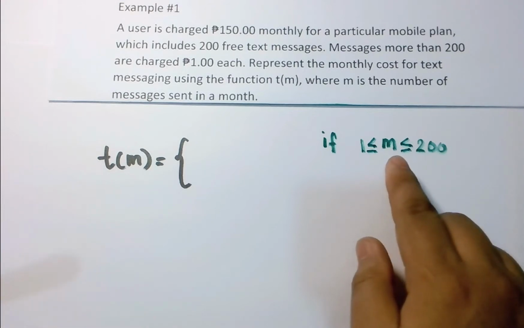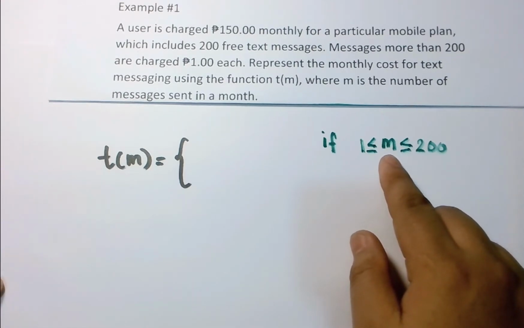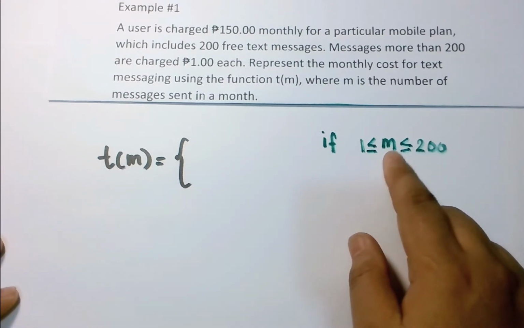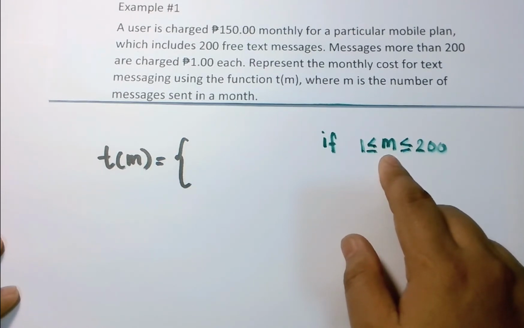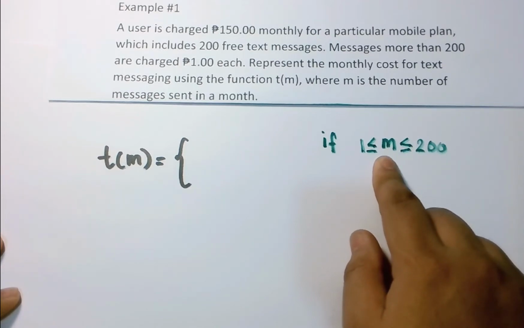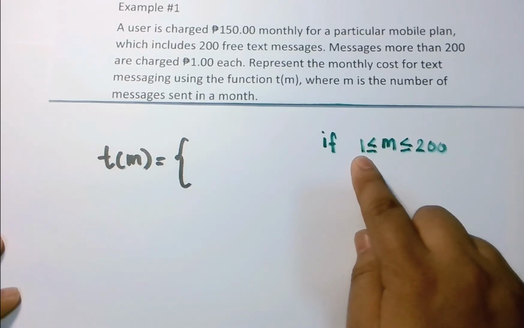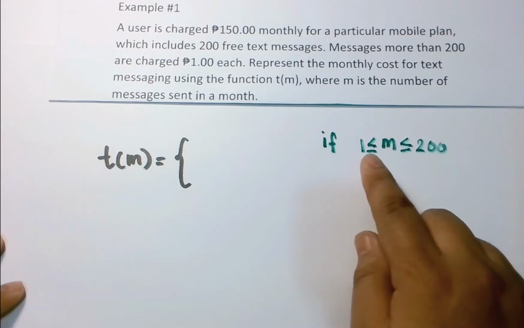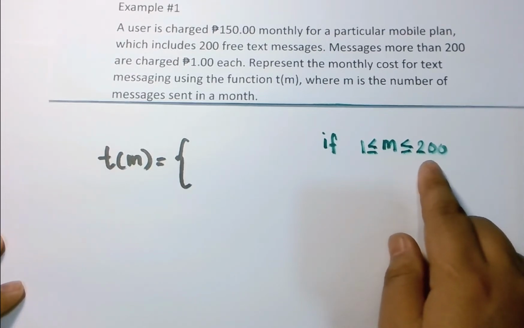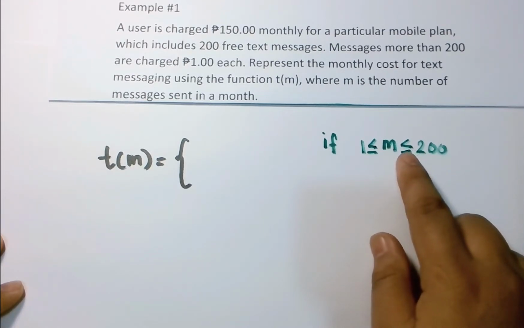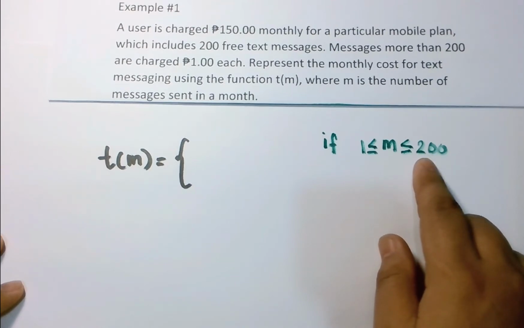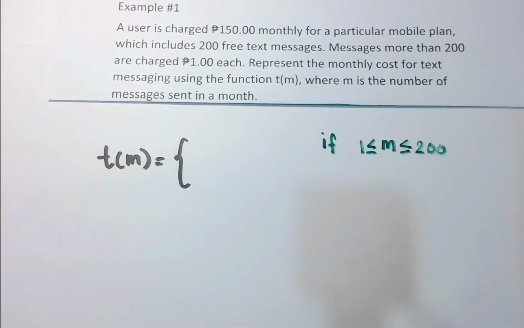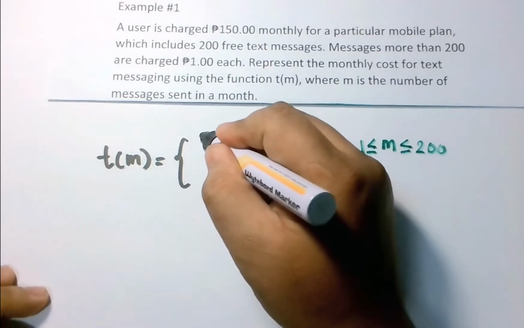Na sabi nga natin, yung M is the number of messages sent in a month. So, ito yung number of messages na ginamit ni user. So, kung si user ay mag-text siya ng kahit isa lang or higit pa doon pero hindi lalampas sa 200, kasi dapat mas mababa sa 200 or at least 200, ang babayaran ni customer ay 150.